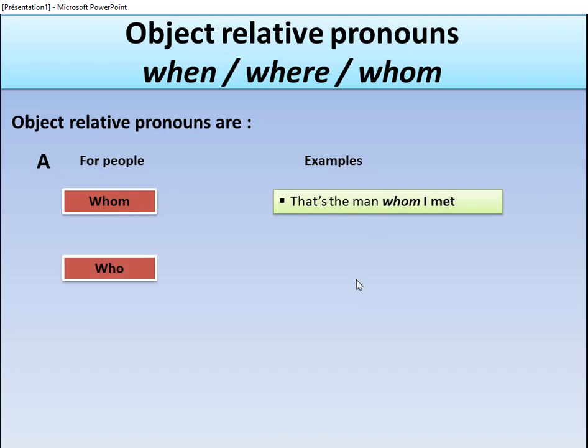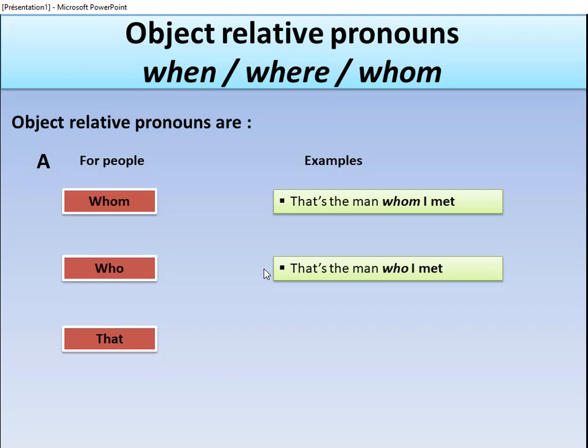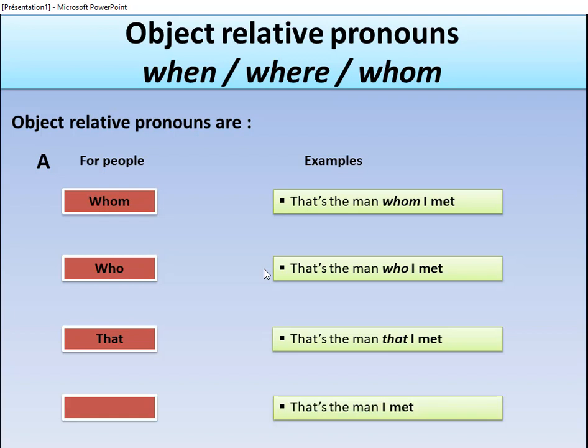We can use whom or who in the same position. We say that's the man who I met, or that's the man that I met. Or we can also use nothing, not that, not who, not whom. We simply say that's the man I met.